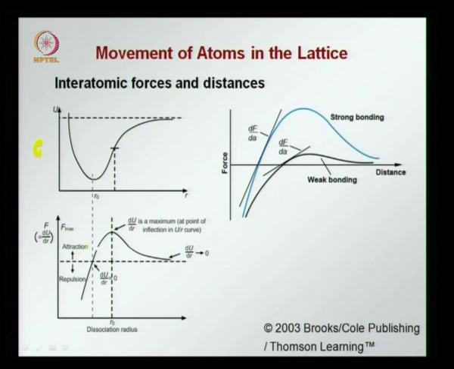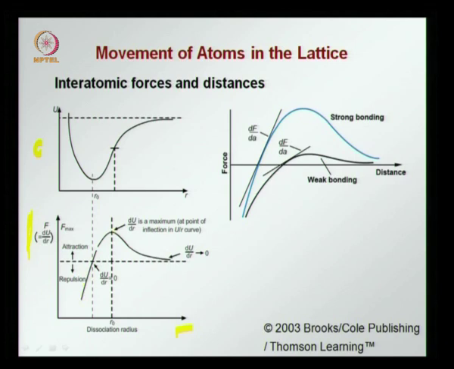Now from this we saw in the earlier lecture how we can derive a stress spacing diagram by differentiating the energy curve, and here you have now this curve which gives us the force F, which is the derivative dU by dr, against the distance or how much the atoms are disassociated.